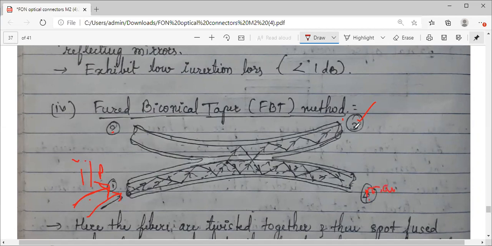I think this one is the main port, I'm not very sure about it. This is your output port, and this is your reflected port. So instead of numbering them, they can even name them: input, output, main port, as well as the reflected port. I'm not sure about the fourth one. So this is for the 4-port coupler.